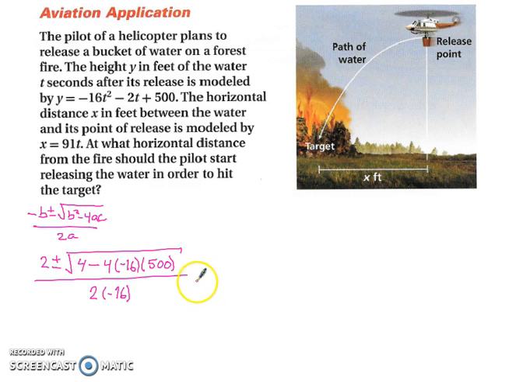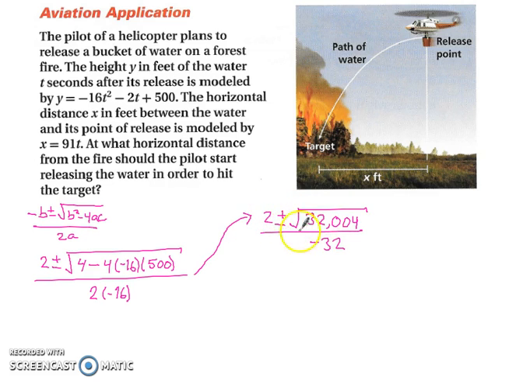Well, when we simplify this, you'll end up with 2 plus or minus the square root of 32,004 divided by negative 32.